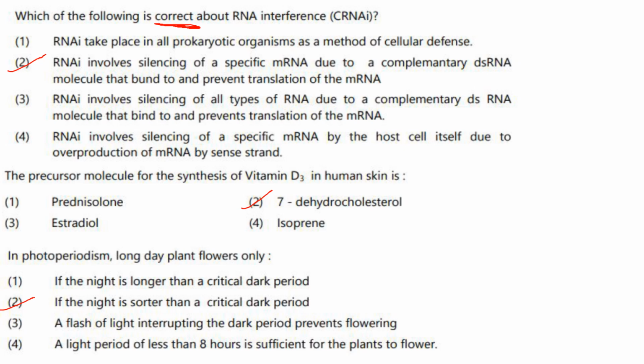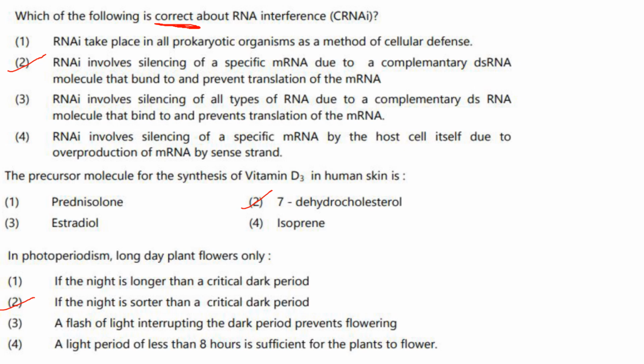Then next one. The precursor molecule for the synthesis of vitamin D3 in human skin is 7-dehydrocholesterol. Answer is option 2. In photoperiodism, long day plants flower only if night is longer than critical dark period. Okay. So what is photoperiodism?